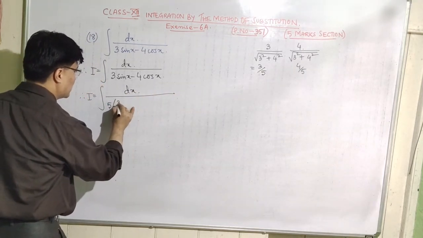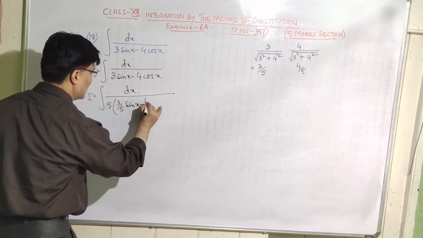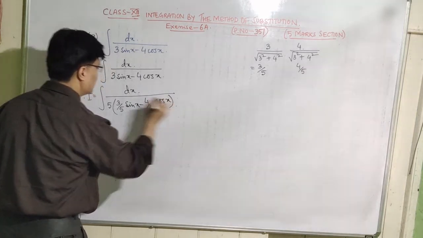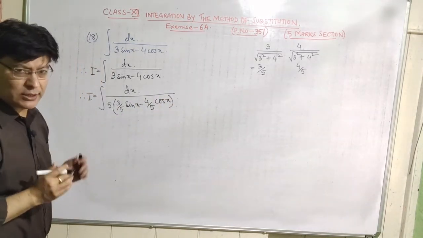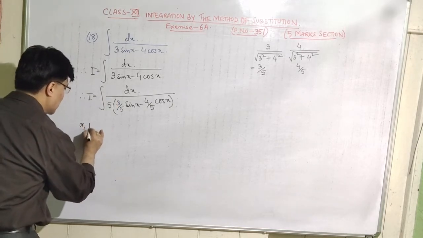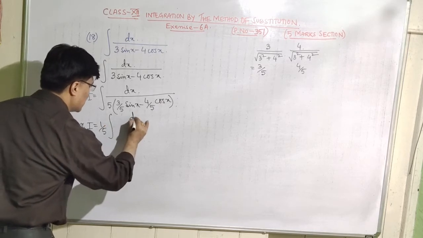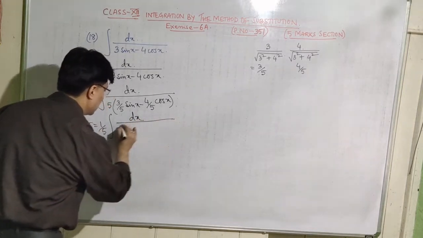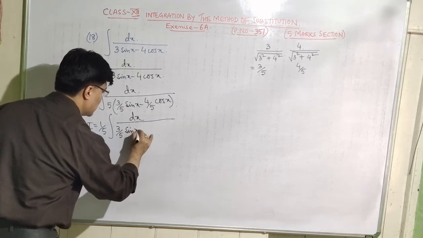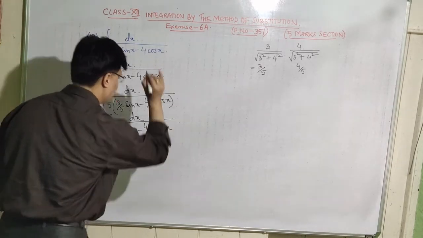5 within bracket, it is 3 by 5 sin x minus 4 by 5 cos x. So I think you have understood it. Okay, so here 1 by 5 is constant, that is taken outside. 1 by 5 integral dx divided by 3 by 5 sin x minus 4 by 5 cos x.